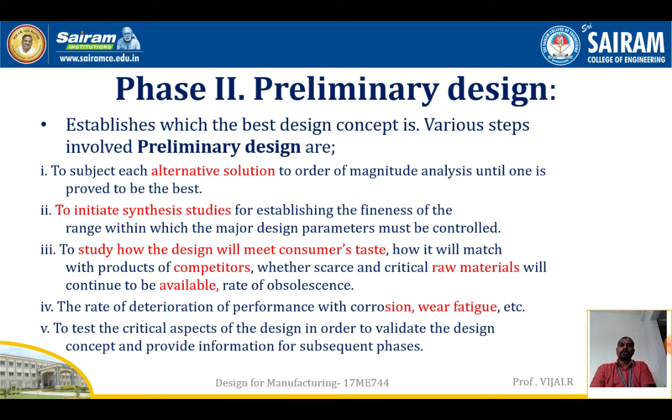We have to focus on the customers and the competitors, where the raw materials are available, and what type of raw material is needed for manufacturing. All of these are focused on here. It also includes analysis of the performance of the material regarding corrosion, wear, fatigue, etc. So this is the second phase of the design, the preliminary design.